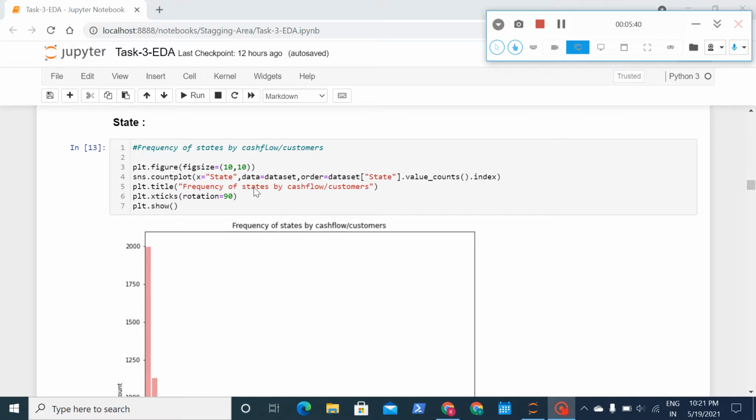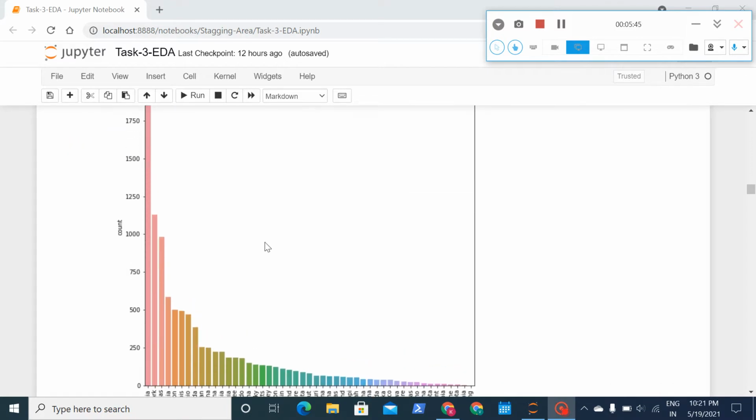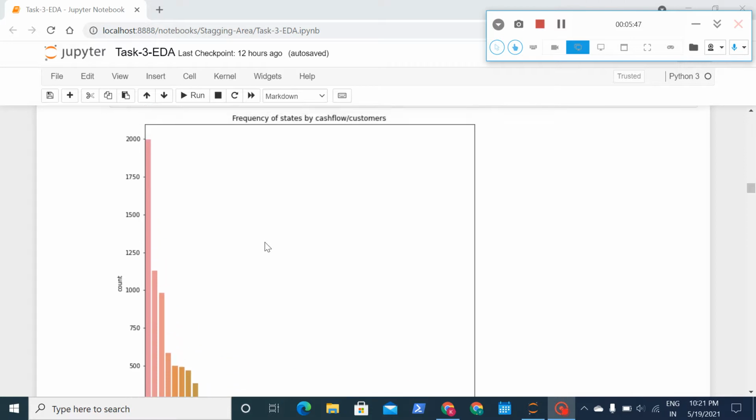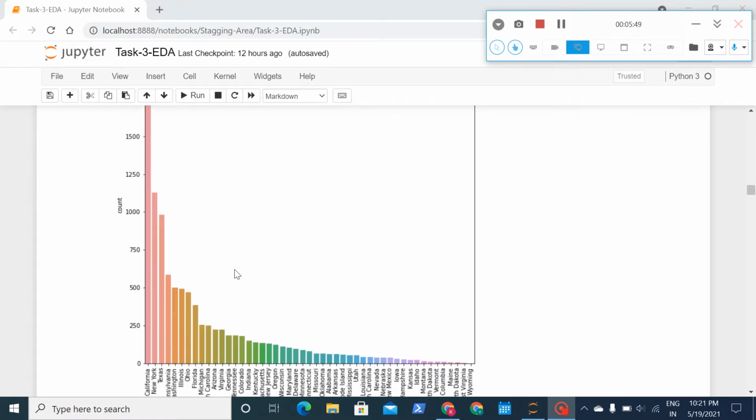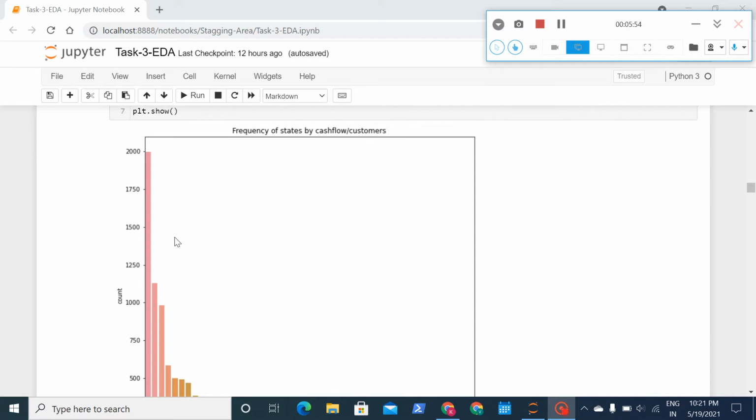Next, state. This picture depicts the frequency of the cash flow. That is, it doesn't mean that California has the highest number of sales or highest profit. What it depicts is the highest cash flow between the consumers and the business.